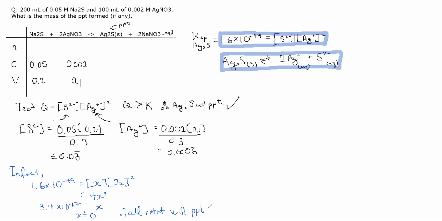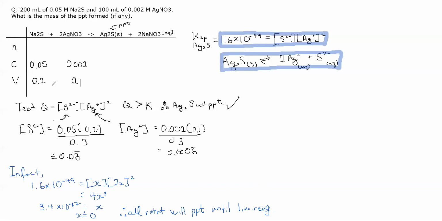So it will produce a precipitate until the limiting reagent runs out. So this basically becomes a grade 11 question. I am going to go about it with a different color. Start working out how many moles of sodium sulfide I have and how many moles of silver nitrate I have, so that I figure out how many moles of the silver sulfide I'm going to produce.